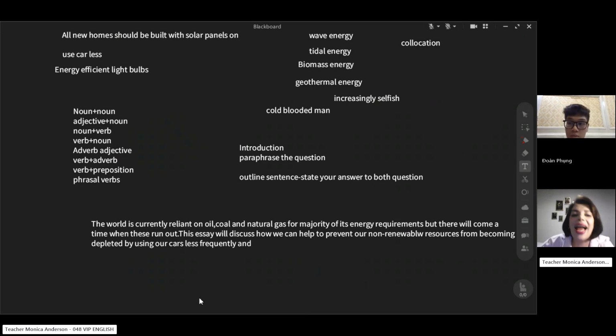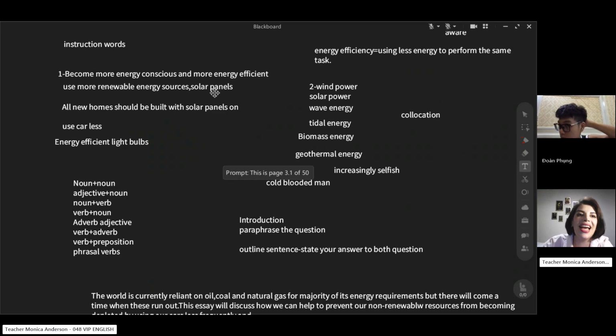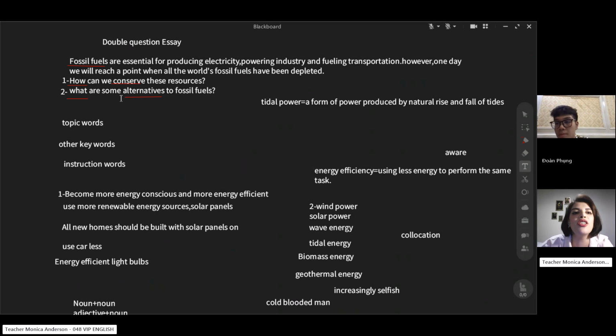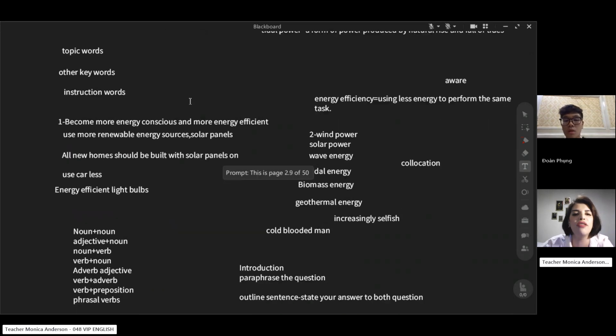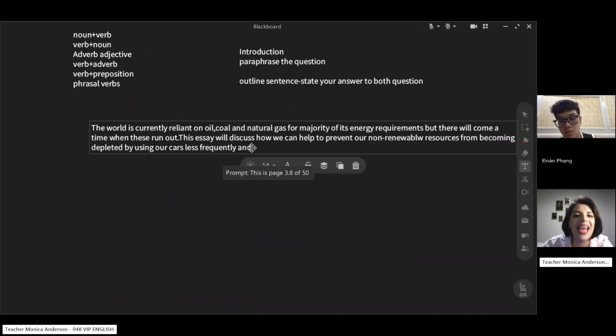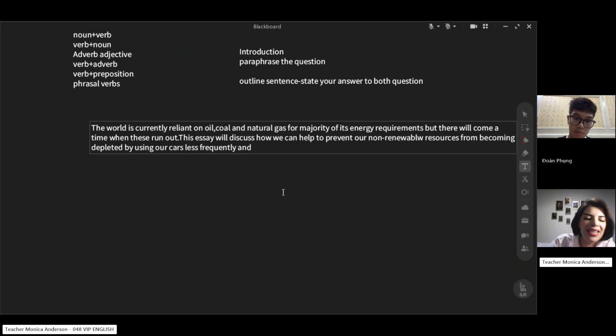So this is about the first question. The second question: what are some alternatives to fossil fuels? I'm going to write it, and name, give some alternatives.